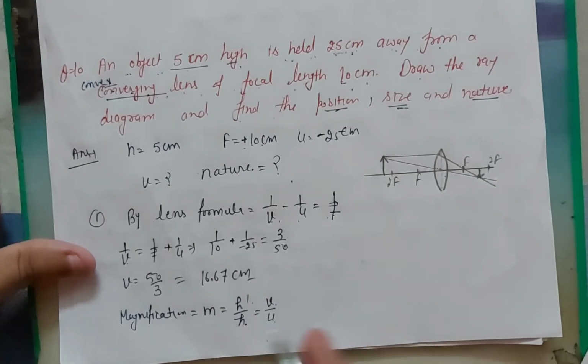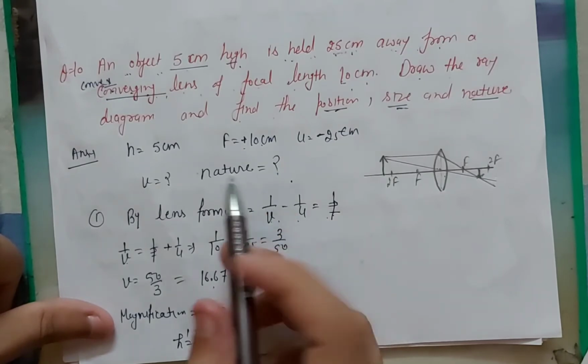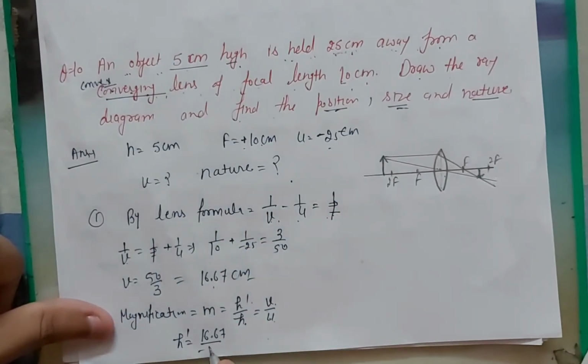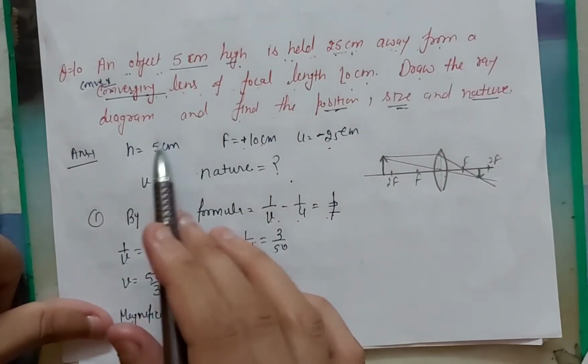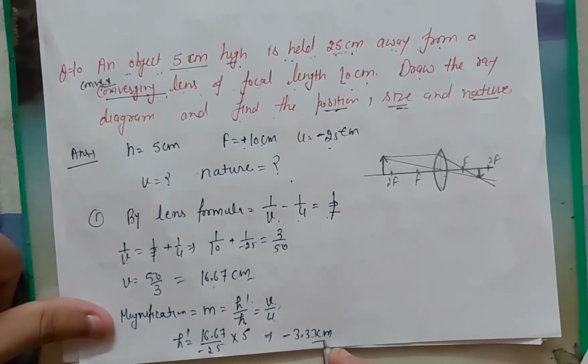So put all values. h dash is equal to the v value, which is 16.67, divided by the u value, which is minus 25, multiplied by h, where h is 5. When we solve it, minus 3.33 centimeter is the answer.